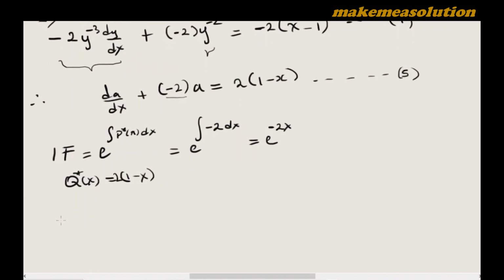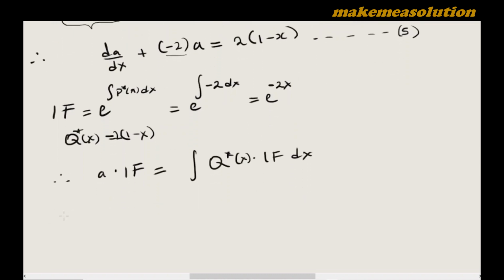So what we now have is that A times the integrating factor will be the integral of my augmented q of x times the integrating factor dx. So let's see how that simplifies.